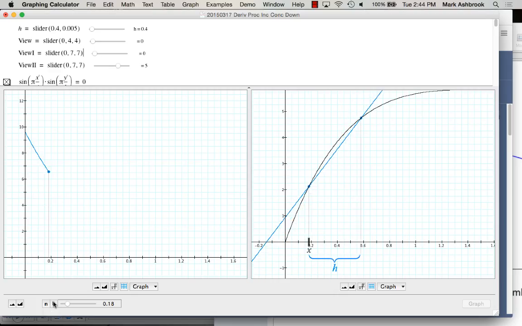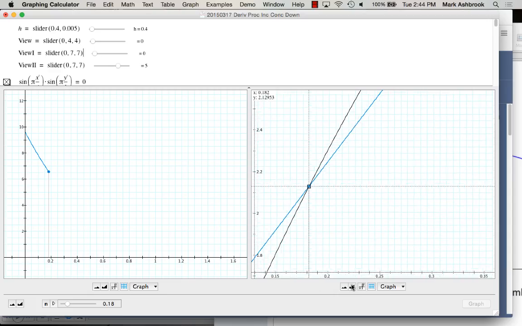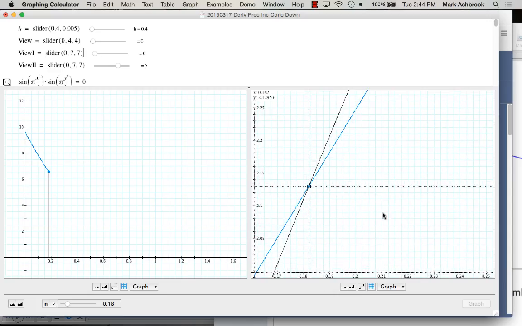Right here, 0.18. I'm going to zoom in right here. So the blue line, what is the rate of change reflected by the y value over there? The black line is a little piece of our curve.